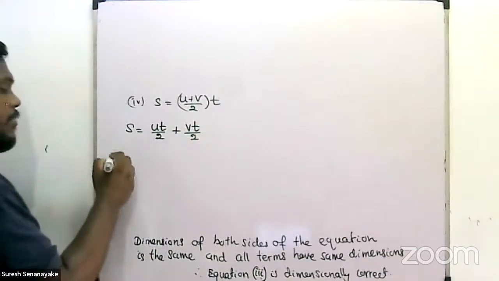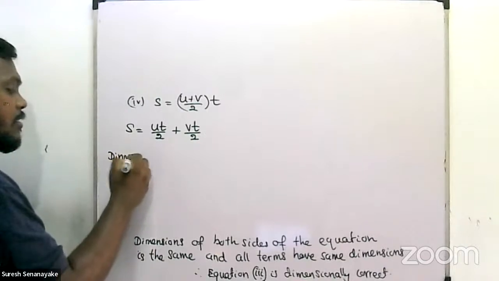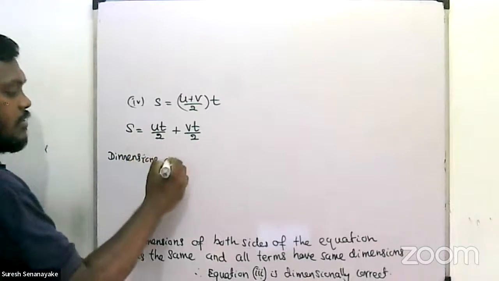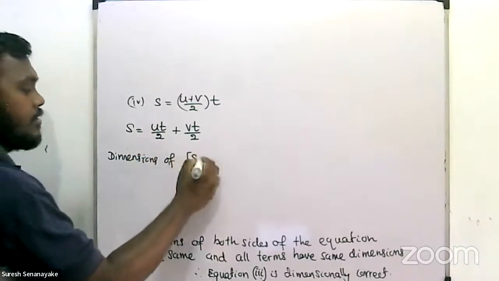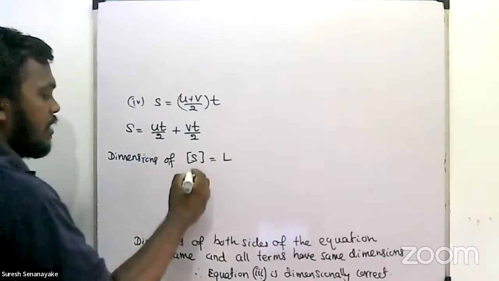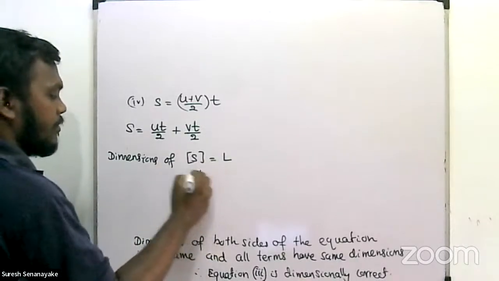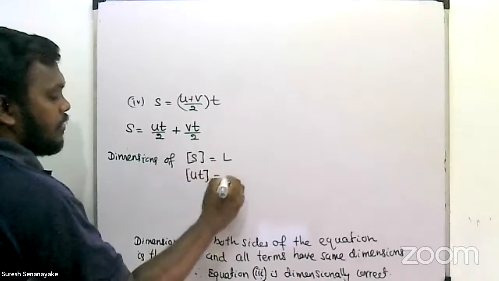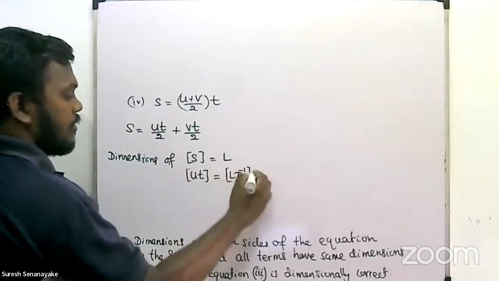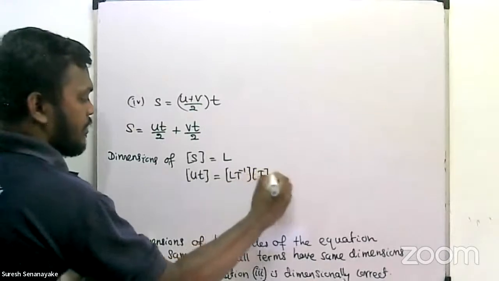Consider the dimensions of those terms. S is considered, that is length L, and then the ut term, which is LT minus 1 times time t. So it's fine.